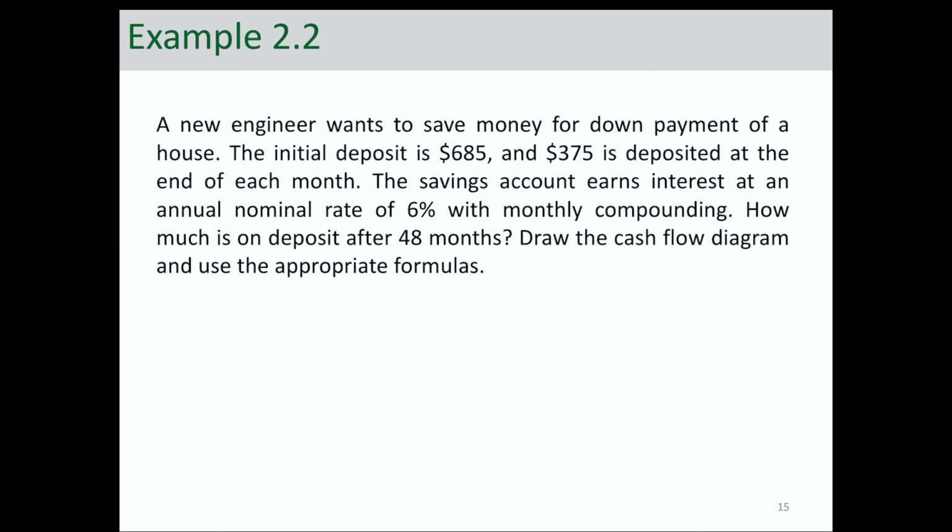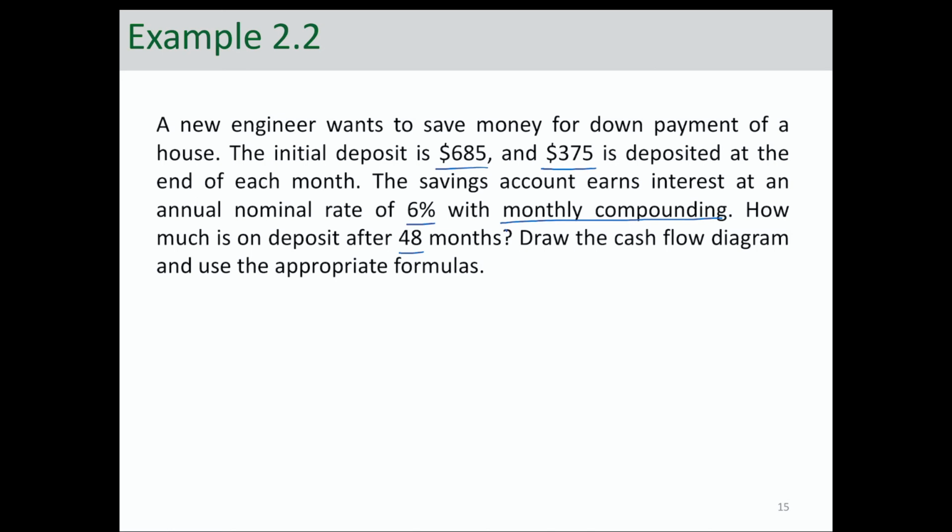The savings account earns interest at an annual nominal rate of 6% with monthly compounding. How much is on deposit after 48 months? Draw the cash flow. So there is one initial deposit of $685, and then there are essentially 48 payments of $375.